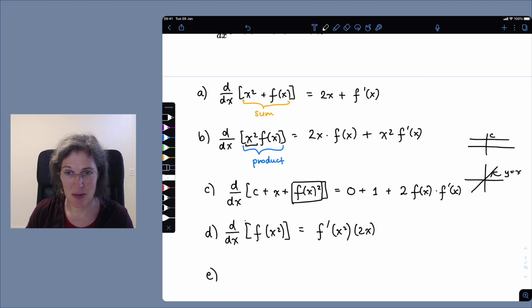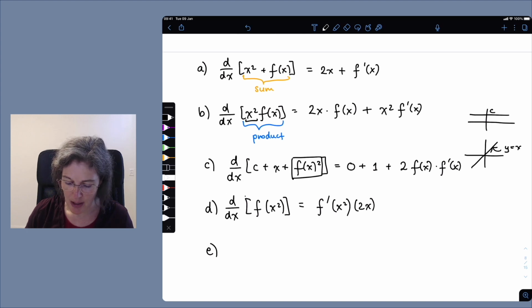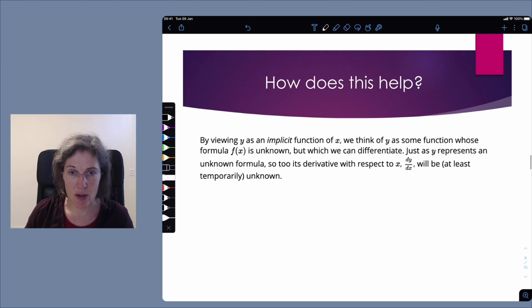Okay, so this was slightly different differentiation, and it leads us to a cunning way of finding the derivatives for our implicit functions. So remember, we're looking at something like x squared plus y squared equals 4. And what we're going to do is we're going to view y as an implicit function of x.